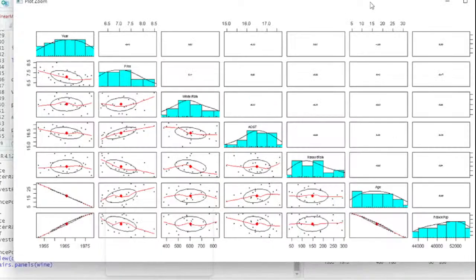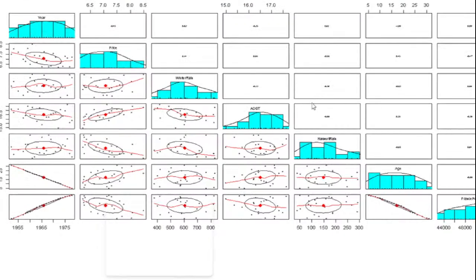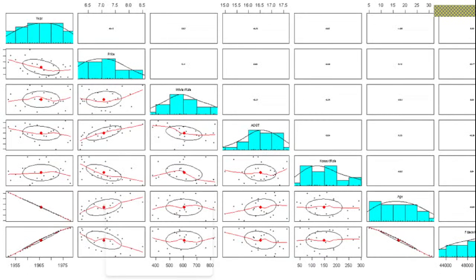So, now see this pairs.panels. What is it showing? It is showing the correlation between each variable, each of the independent variables. It is showing the correlation coefficient, which is written on the upper part.